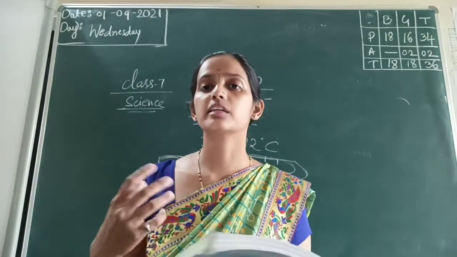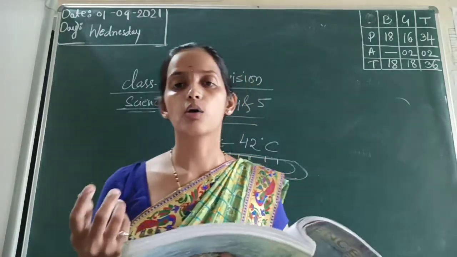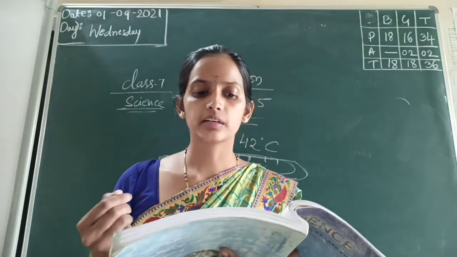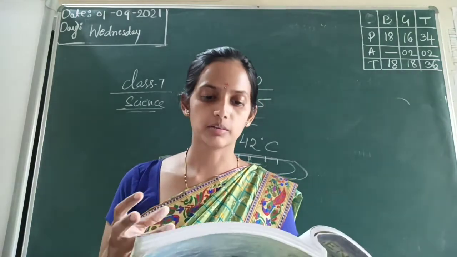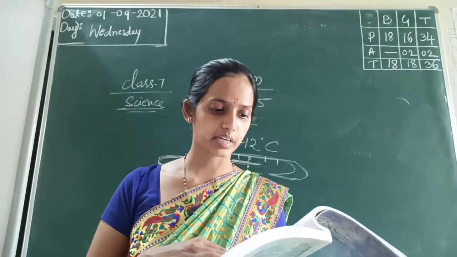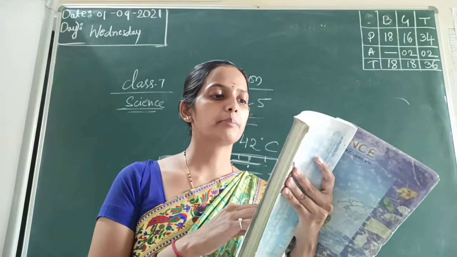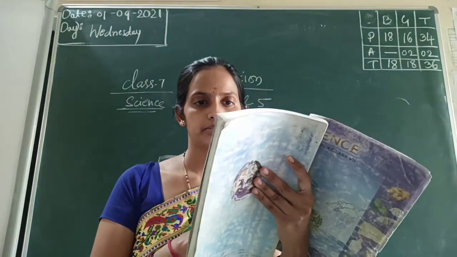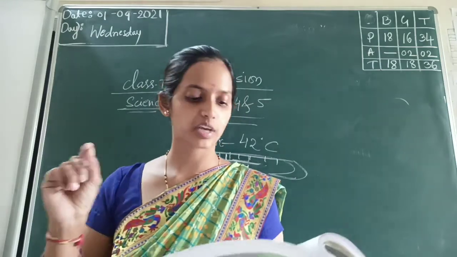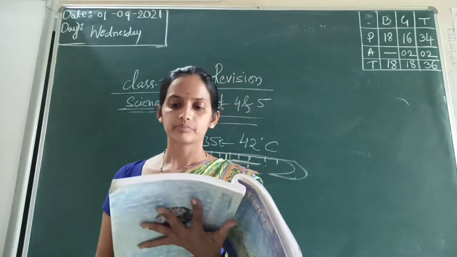If you are measuring the hotness of water, how is it placed? There are precautions to be taken while measuring temperature using the laboratory thermometer. It should be kept upright, not tilted, as you can see in figure 4.5.